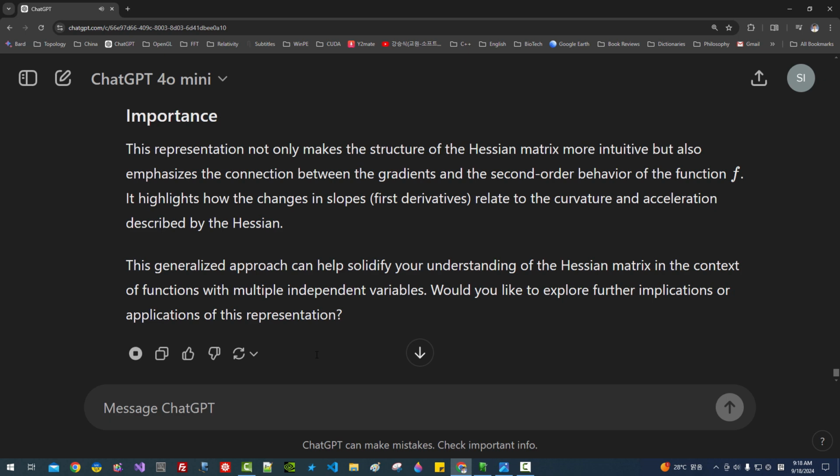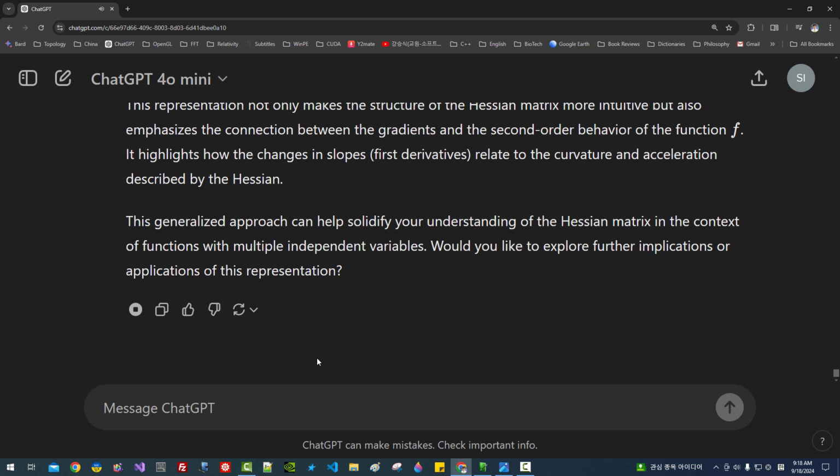It highlights how the changes in slopes, first derivatives, relate to the curvature and acceleration described by the Hessian. This generalized approach can help solidify your understanding of the Hessian matrix in the context of functions with multiple independent variables. Would you like to explore further implications or applications of this representation?